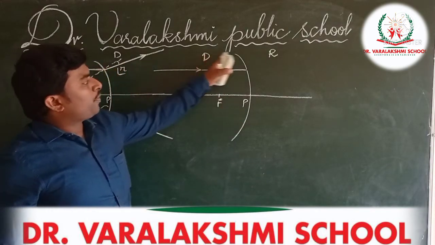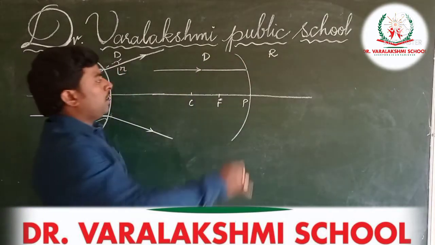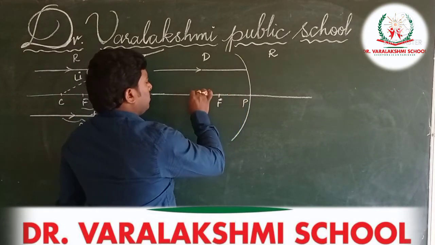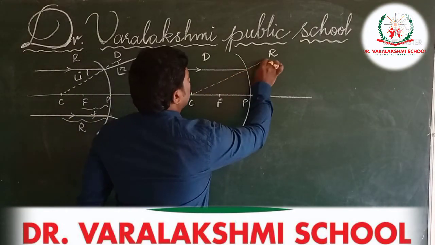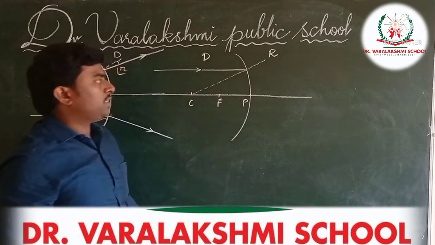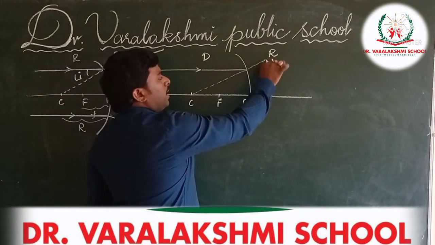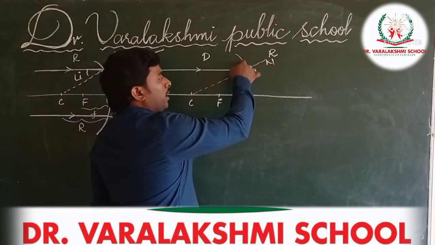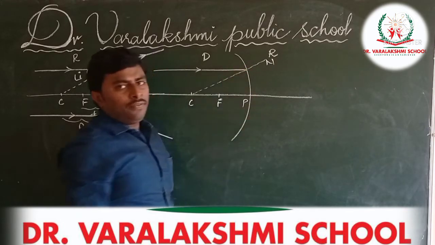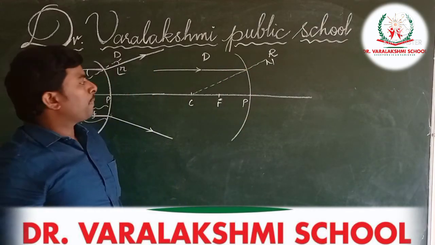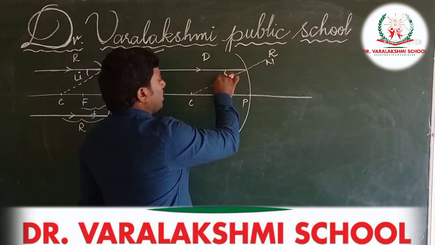Now here the light ray moves from denser to rarer, and at the point of incidence, if you draw a line joining the center of curvature to the point of incidence, we know that this acts as the normal, which is the perpendicular line to the surface at the point of incidence.